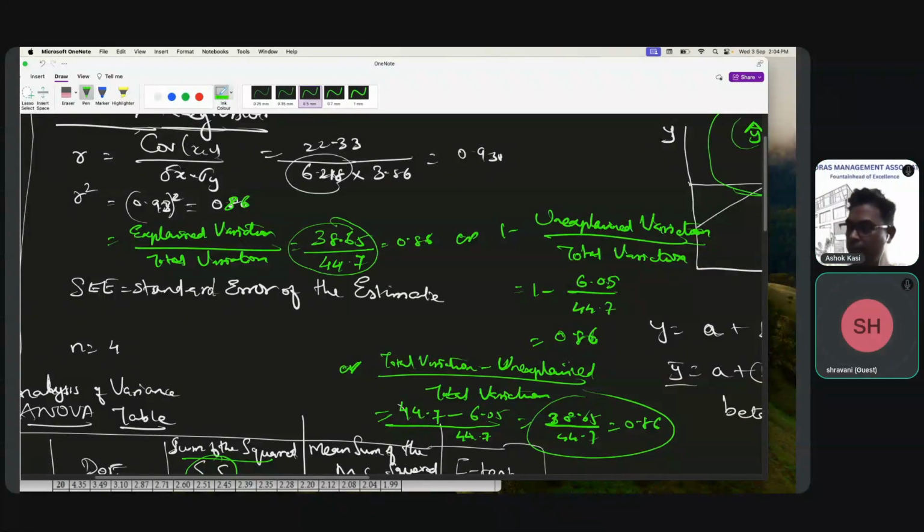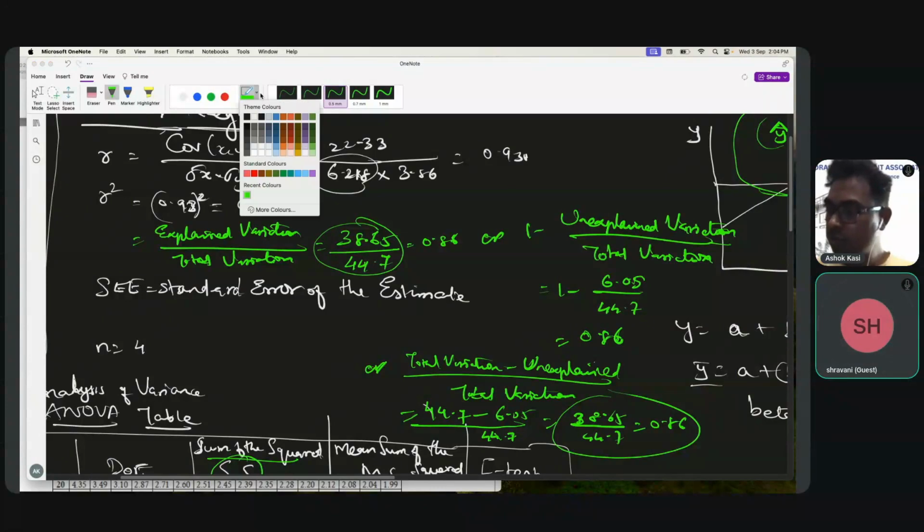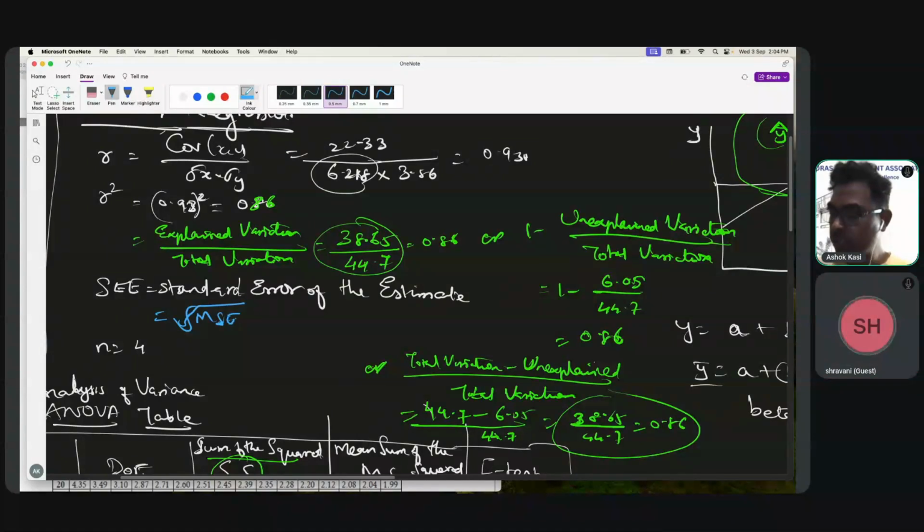Then standard error of estimate is the standard deviation of the entire model here. So that is equal to root of MSE. When we take the root, we'll get standard deviation.